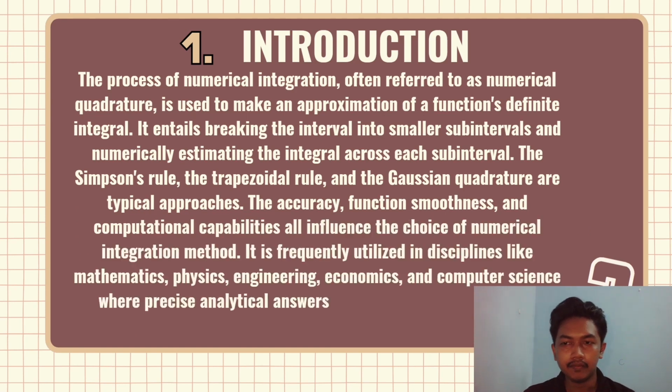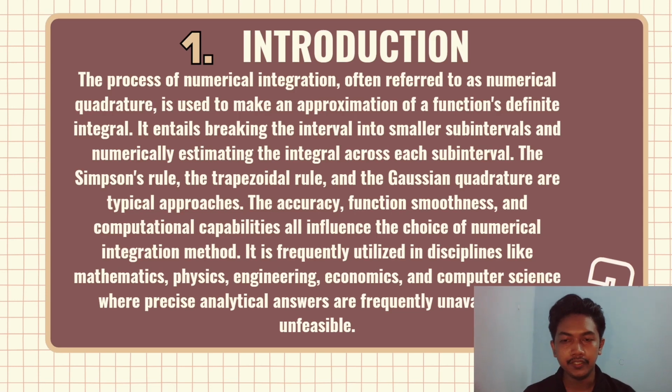For the introduction, the process of numerical integration, often referred to as numerical quadrature, is used to make an approximation of a function's definite integral. It entails breaking the interval into smaller subintervals and numerically estimating the integral across each subinterval.